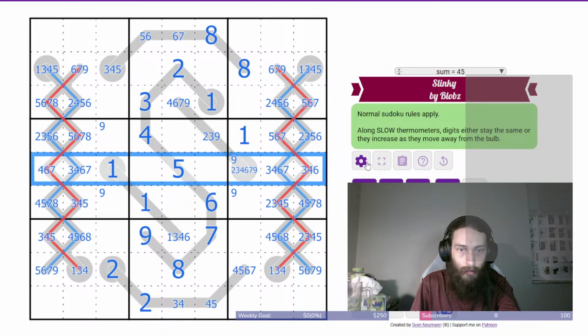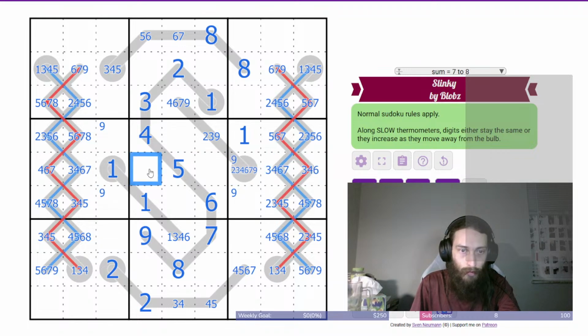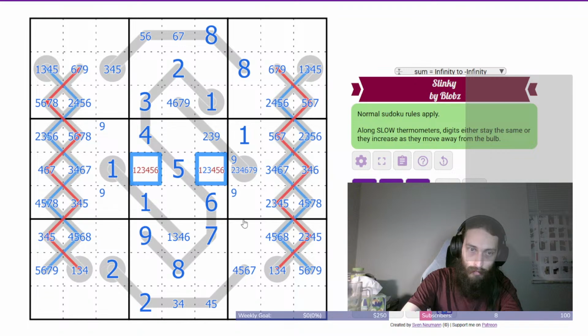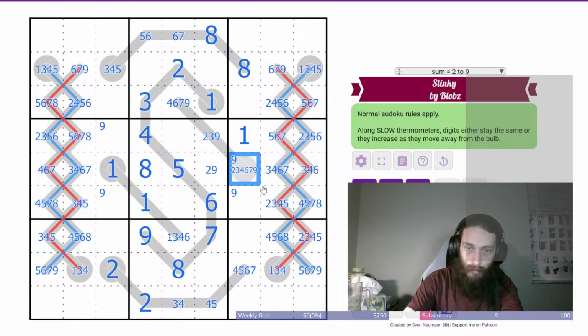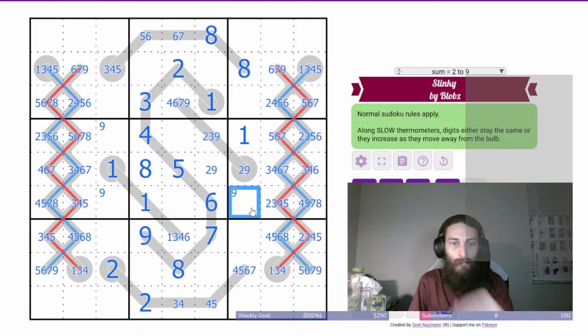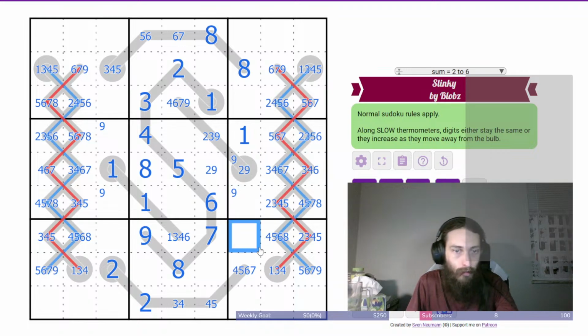There's a 3, 4, 6, 7 quad. 3, 4, 6, 7. Also, 1, 5. This can't be 2 or 9, so that's an 8. 3, 4, 6, and 7. This should still have the 9 above it.